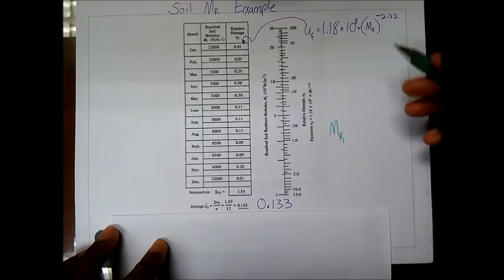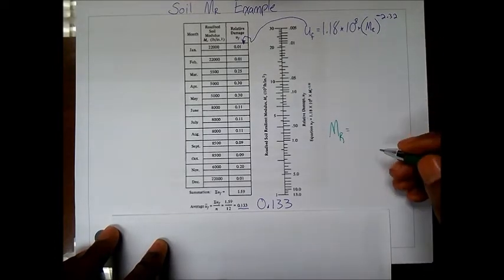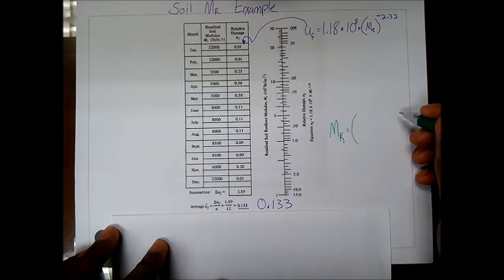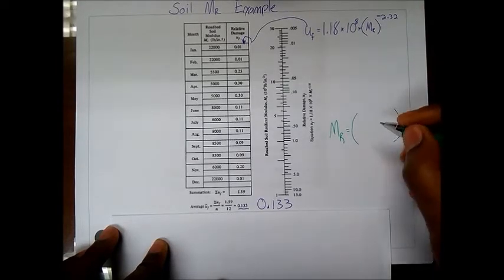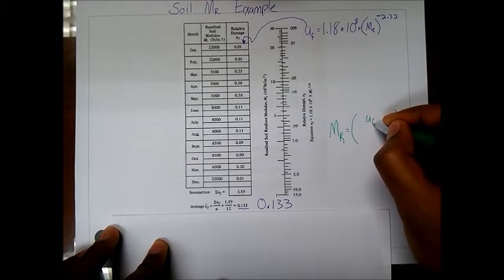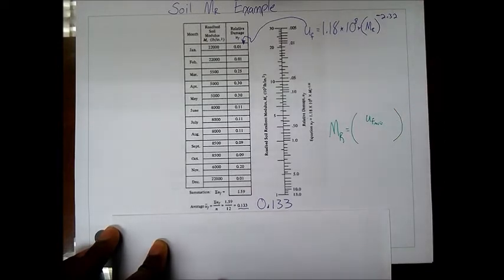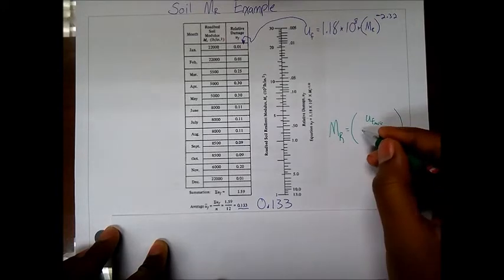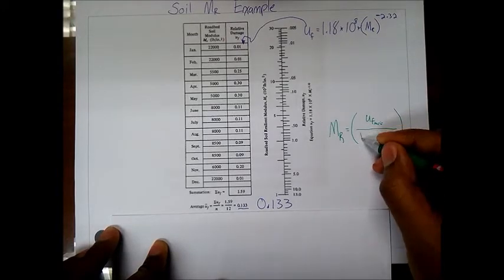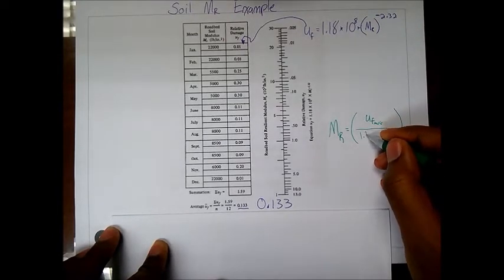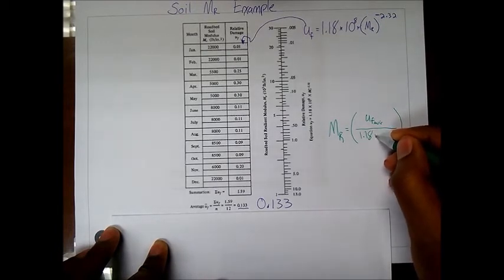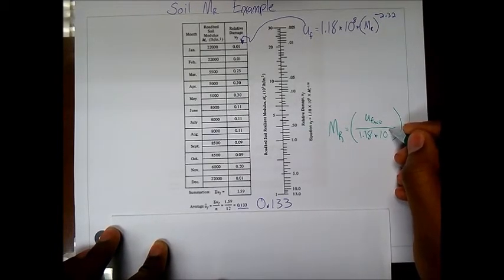So just rearranging terms here, my resilient modulus is equal to my average relative damage divided by 1.18 times 10 raised to the 8.